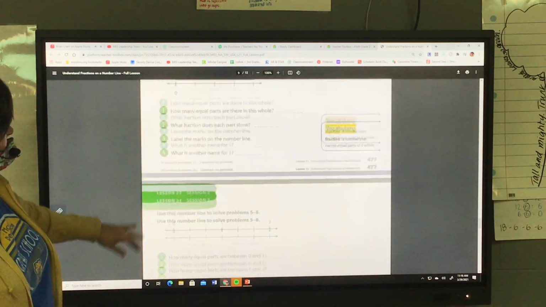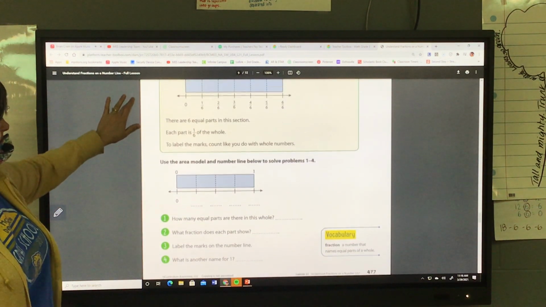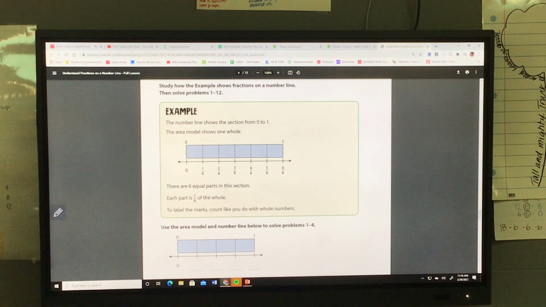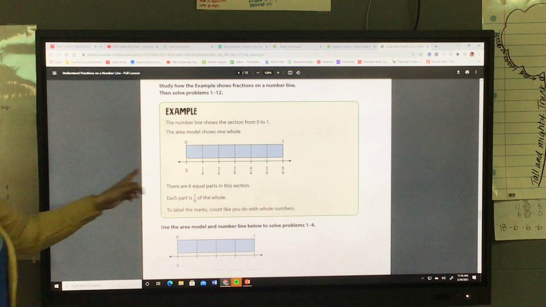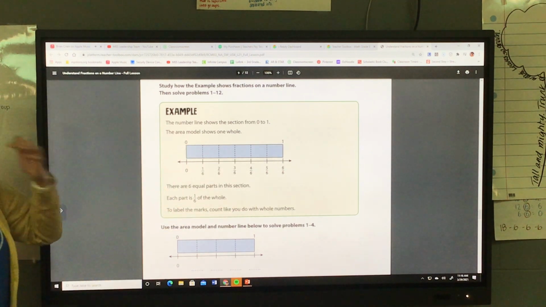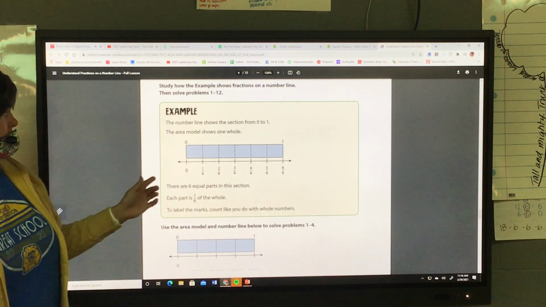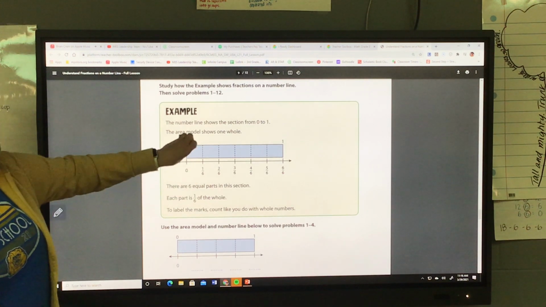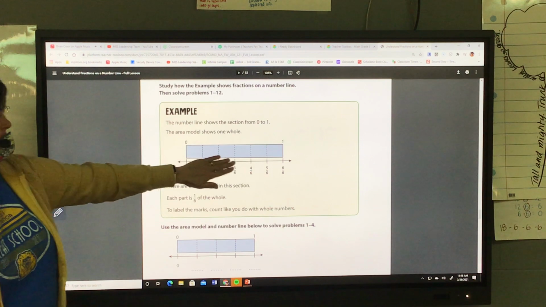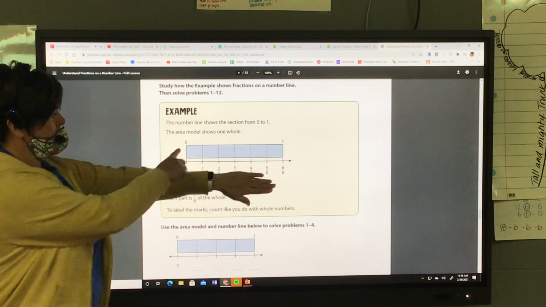Okay. So looking at 477, let's look at the example. The number line shows this section from 0 to 1. The area model shows one whole. So each one of these units is worth how much up in here? 1 whole.